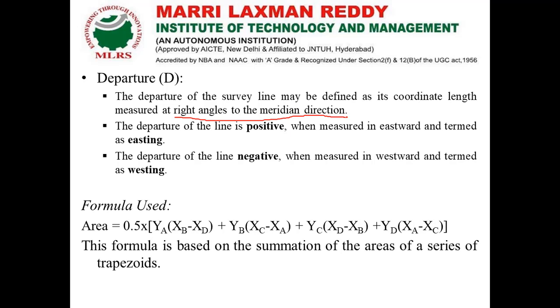Then the first method is the area using coordinates method. The formula used for this method is area equal to 0.5 into the sum of these coordinates.